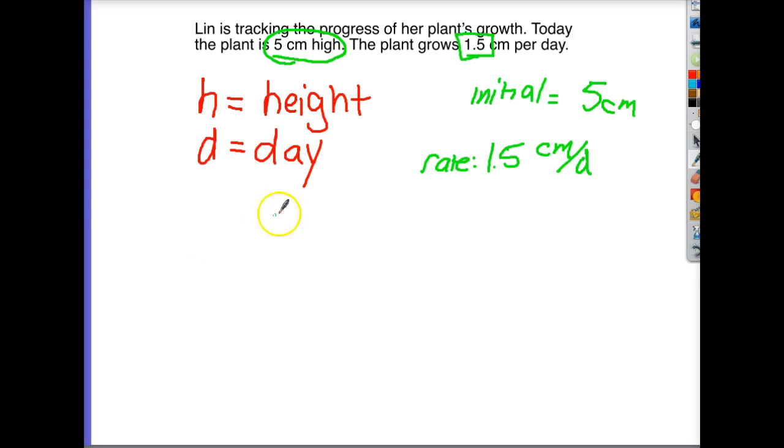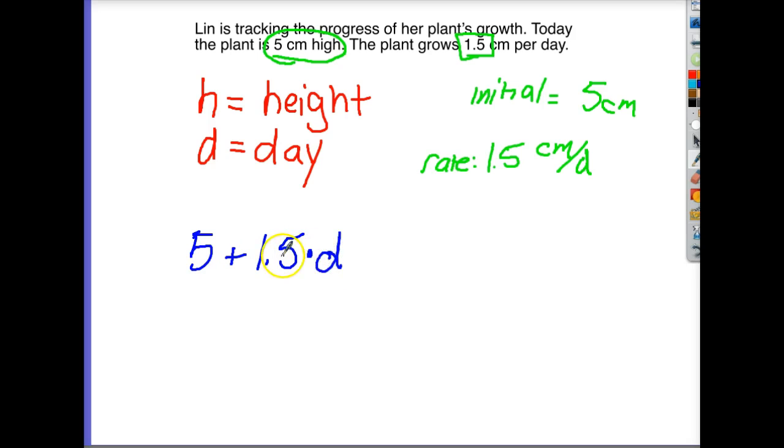Okay, so now I can use that to write an equation. Let's see. If I start at 5 centimeters and then I'm growing, so I'm going to add, right? I'm going to have to add 1.5, but not just 1.5, it's 1.5 times how many days it's been growing.